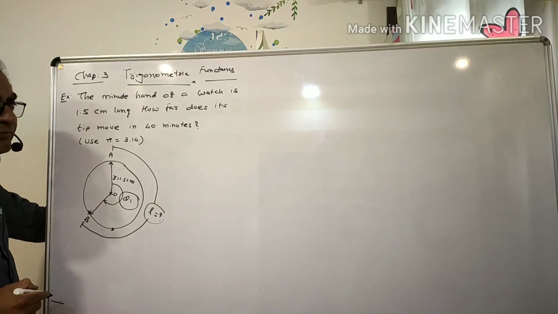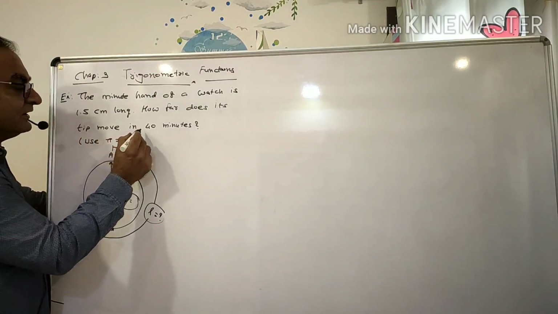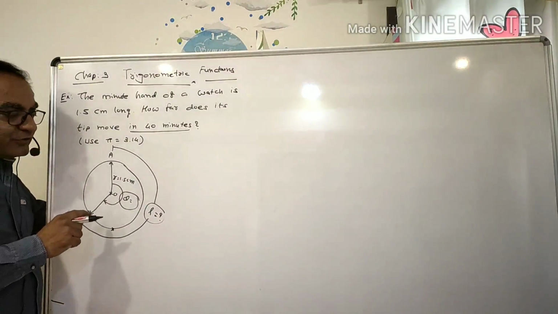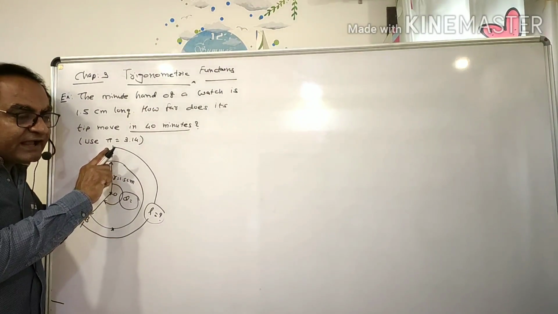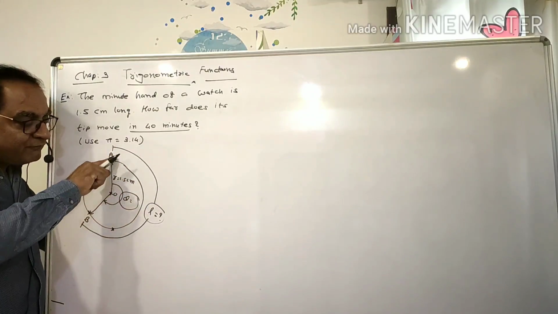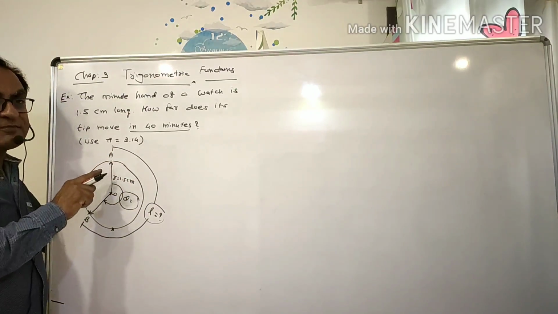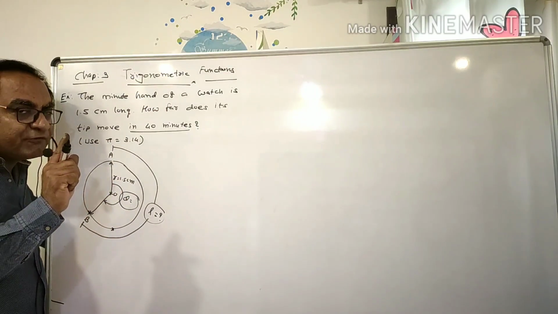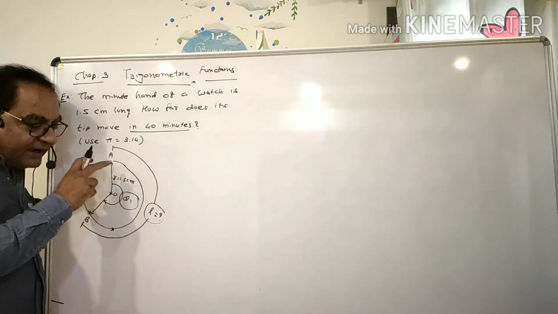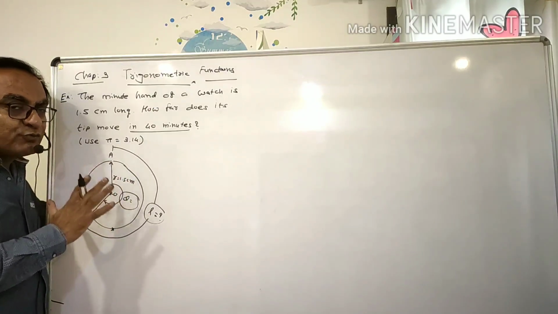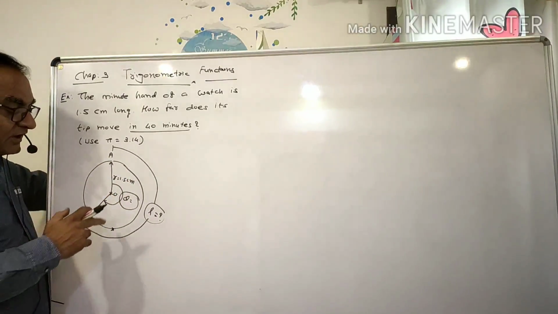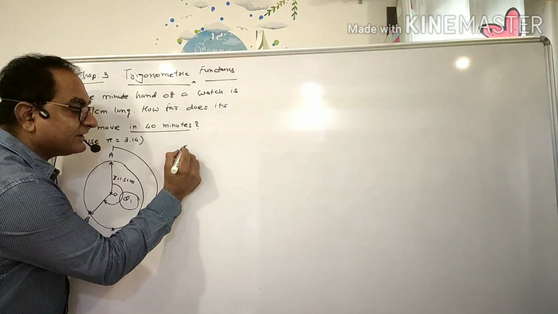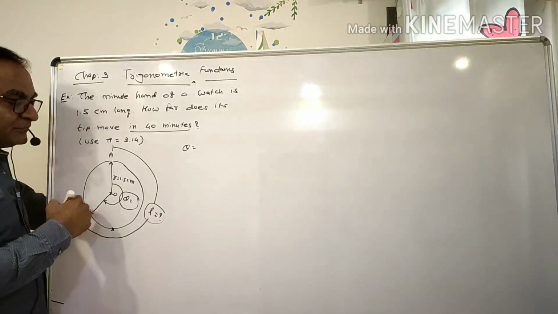But in place of that, they have mentioned the words in 40 minutes. So now we know that the minute hand will have one complete revolution in 60 minutes. In one complete revolution it will have an angle of 2 pi in 60 minutes. Now here this angle is for 40 minutes.